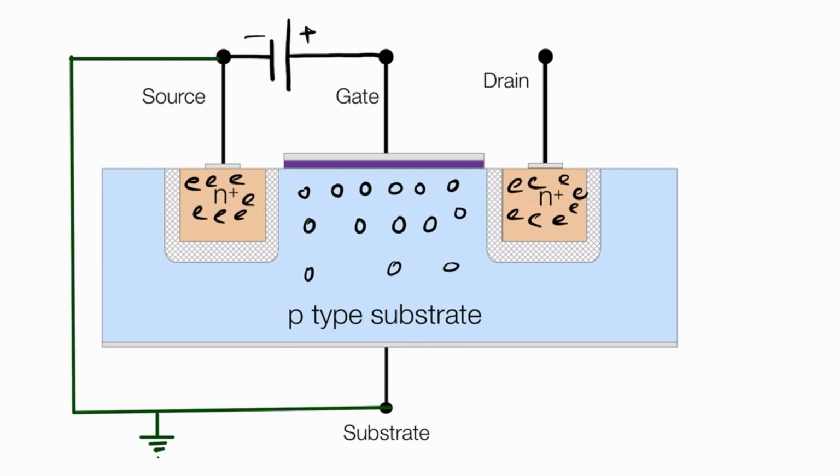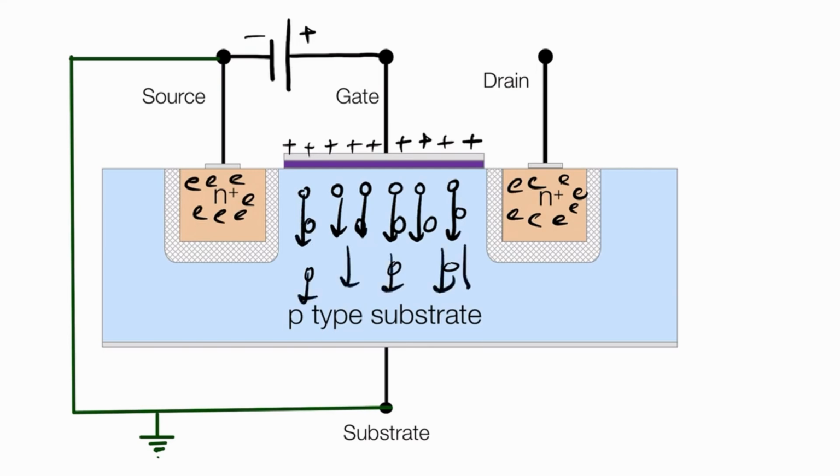Okay. So when we connect a voltage source to the gate to source terminal and the positive part is connected to the gate, that means in this metal part the positive charge will accumulate. This positive charge will repel these holes, and these holes will go downward into the p-type substrate.